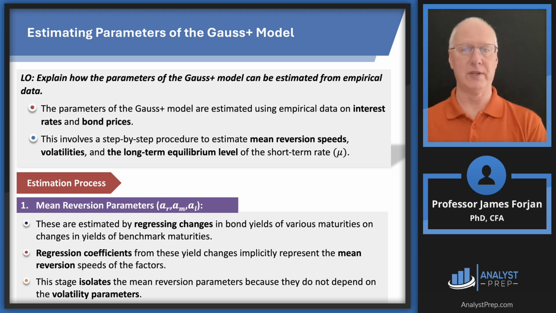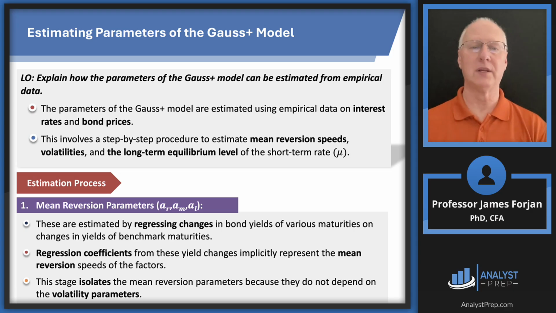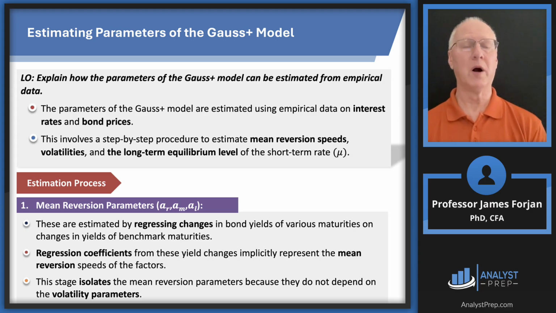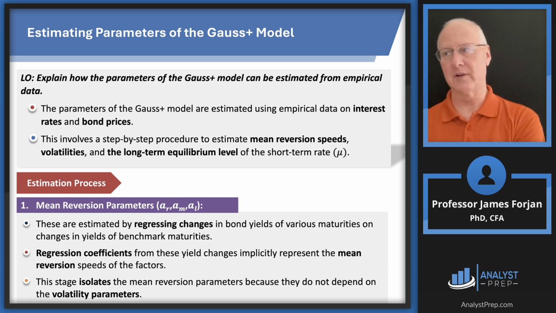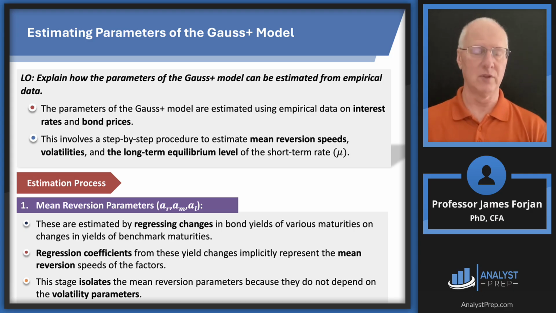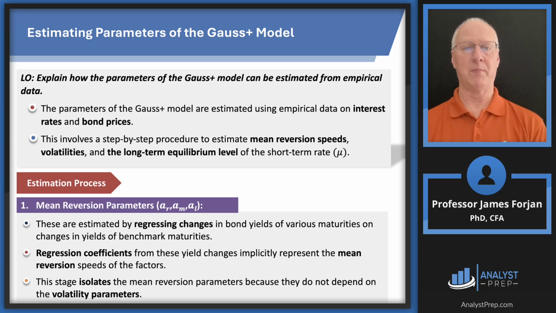And from that Treasury data, they extracted some zero coupon bond yields. So essentially what the authors did was take a variety of those yields and regress them against a variety of different maturities of those different kinds of yields. And in the process, what that does is it gets us those input parameters for the Gauss plus model.